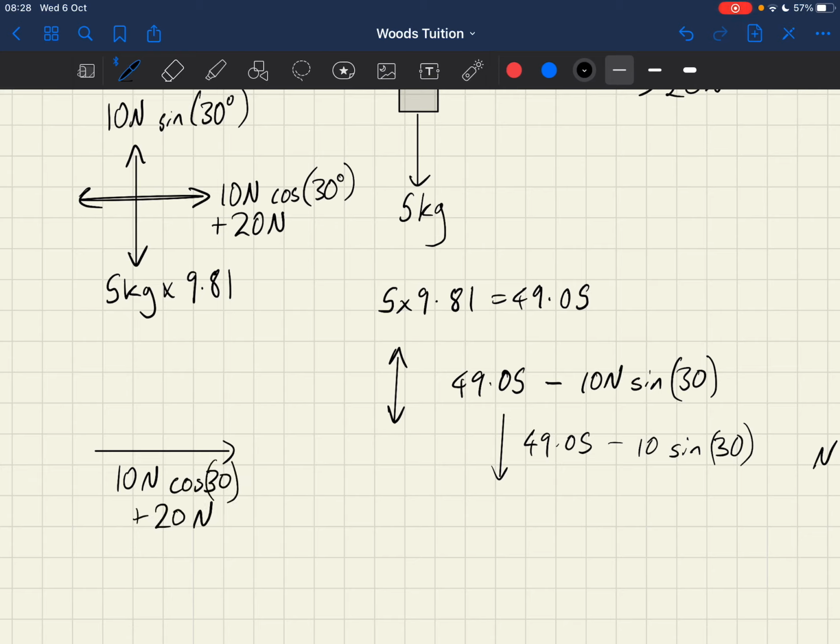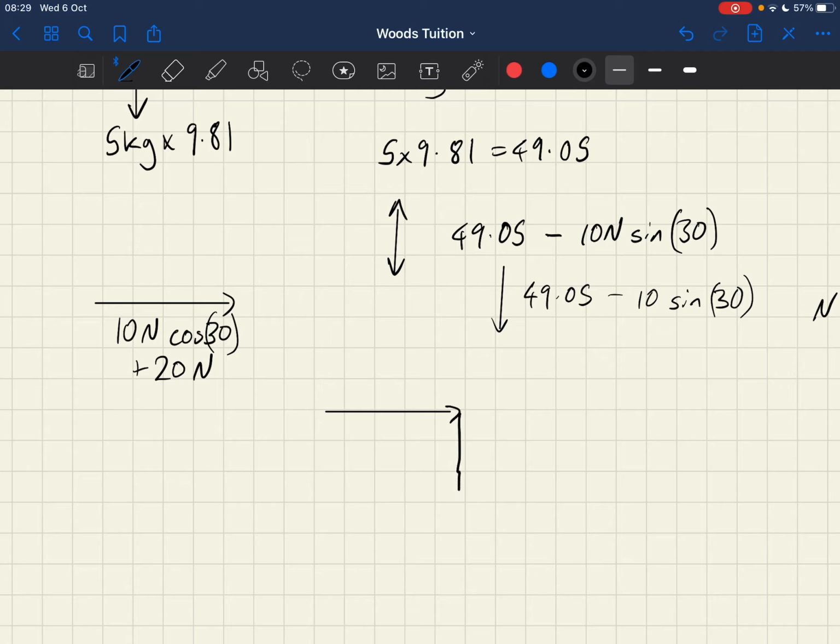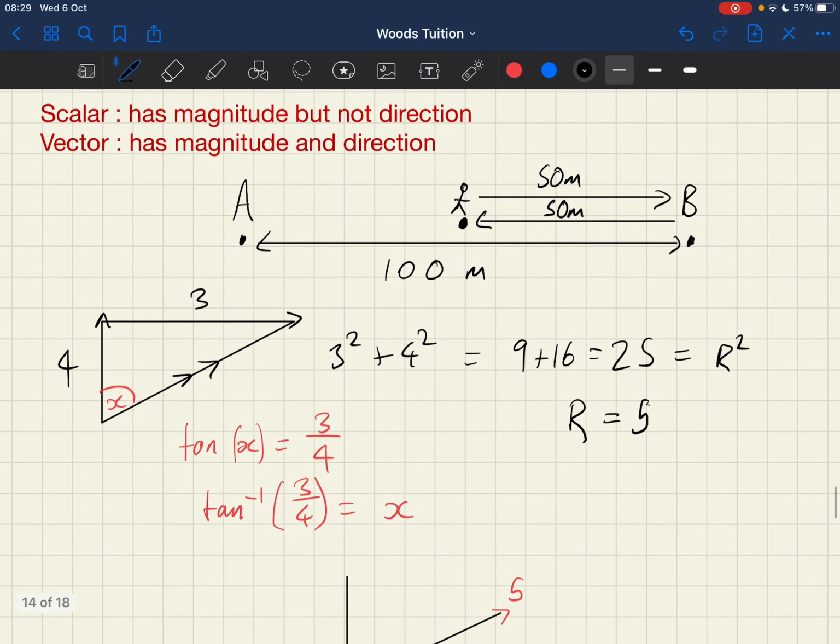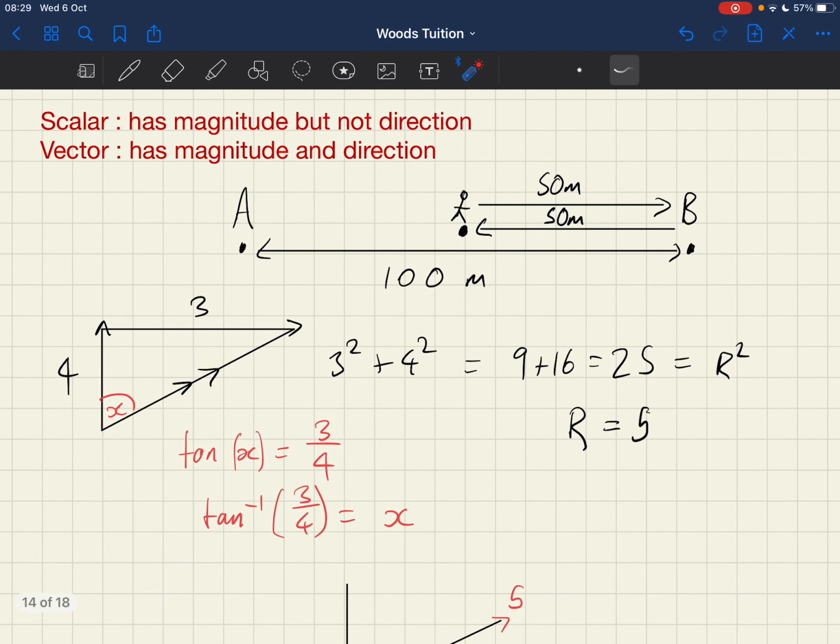Okay, so then to find the resultant force pulling on the mass, we've got one going to the right and one going down. So we've got 49.05 minus 10 sine 30, and then we've got 10 cos 30 plus 20, and then we can just find the resultant in the same way that we did up here, where we just used Pythagoras' theorem.